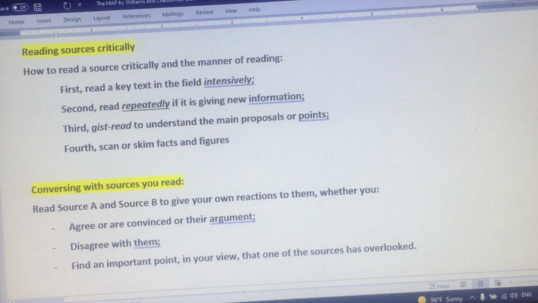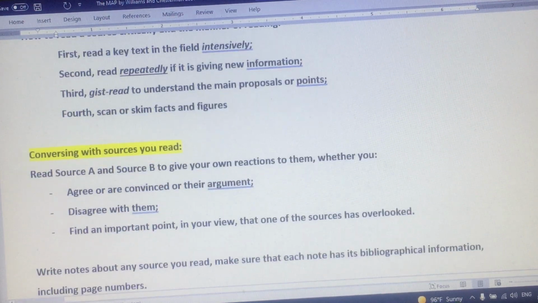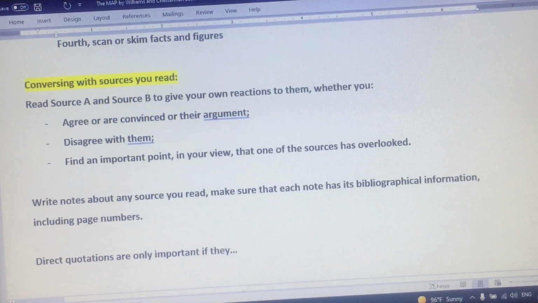Now, the second thing is that when you are reading the texts, sources or books, let's say source A and source B, you give your own reaction to them, whether you agree with them or whether you are convinced of their ideas or argument.